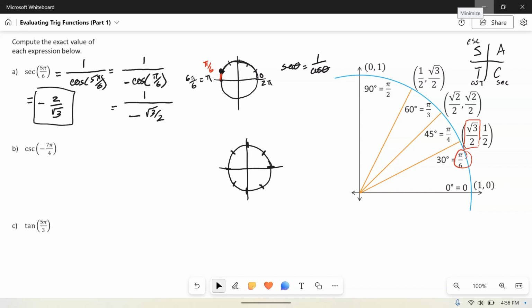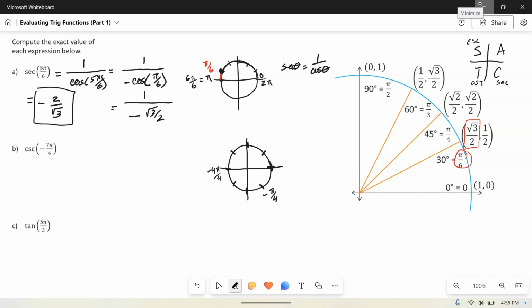Okay, so negative 7 pi over 4. The negative means that we are going to be rotating in the clockwise direction. So if I start here at the x-axis, we're going to rotate down into the fourth quadrant, and that'll be negative pi over 4, and then negative 2, negative 3, and then we'll get to negative 4 pi over 4 at the negative x-axis.